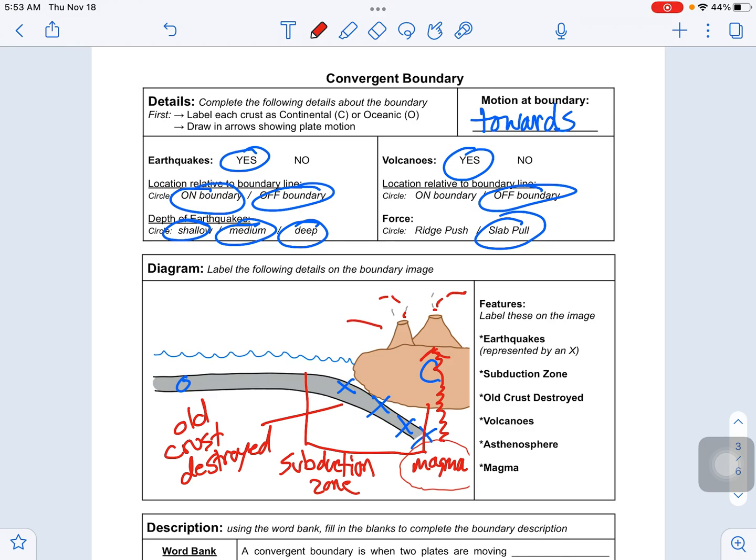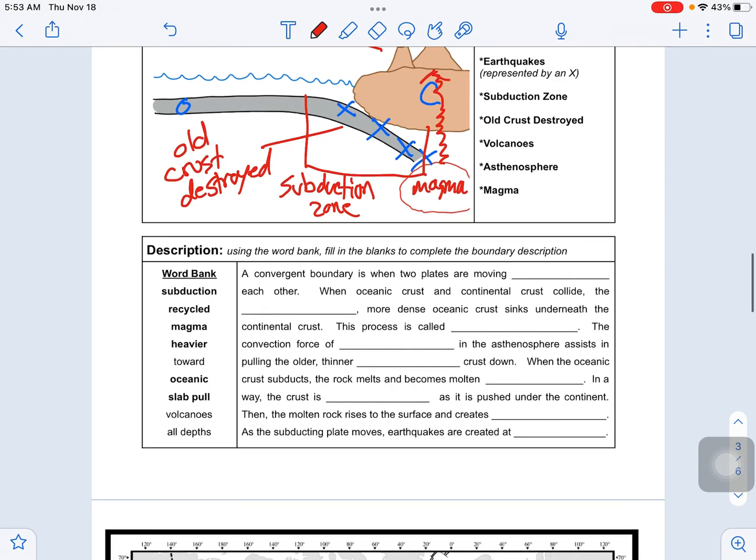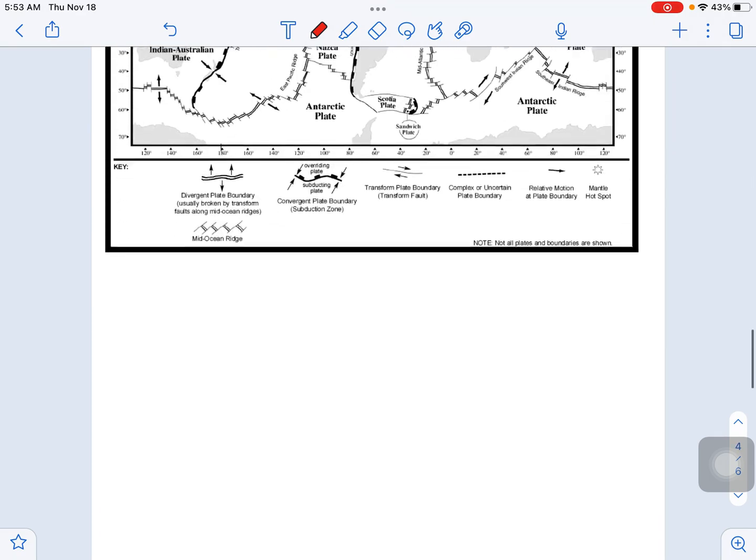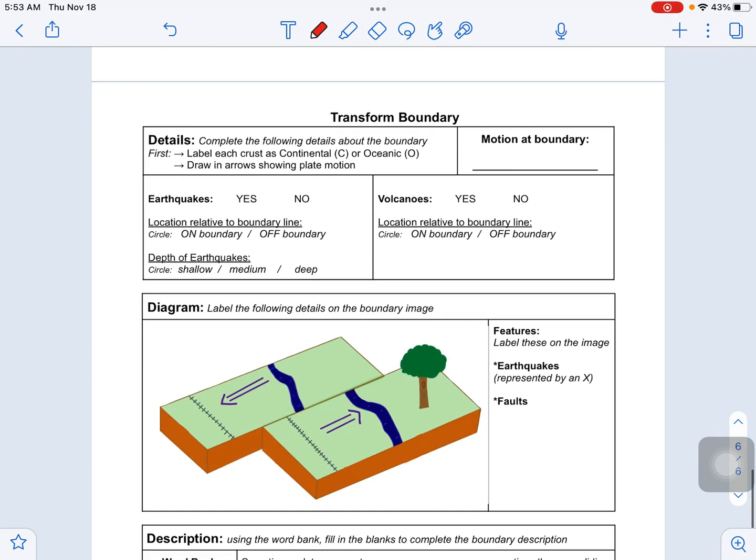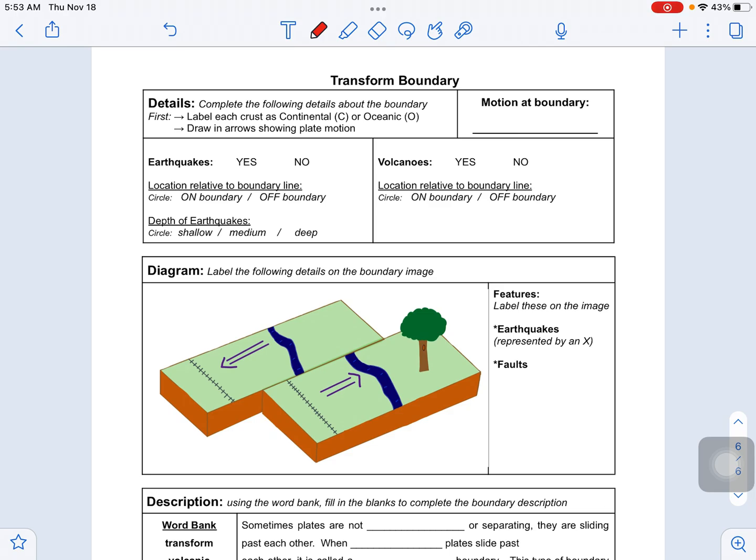Okay, these are obviously our volcanoes. Okay, so your job will be to complete this description of what's going on. Then we're going to complete this next part about transform boundaries.